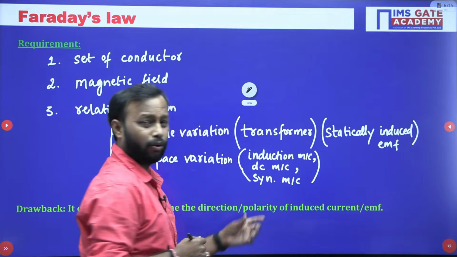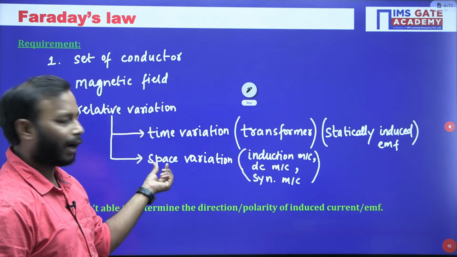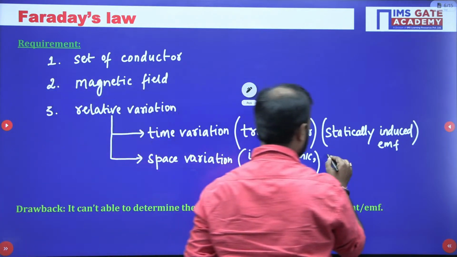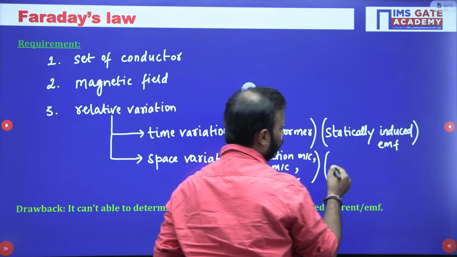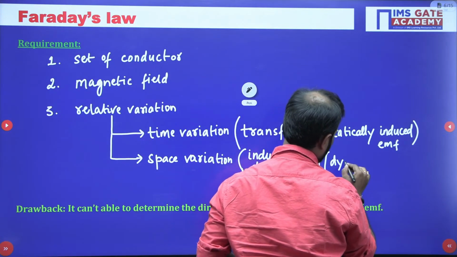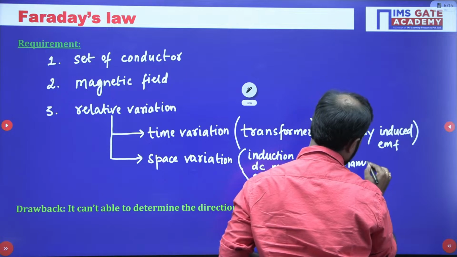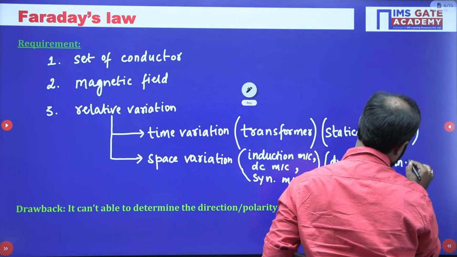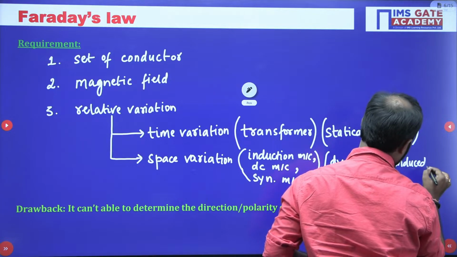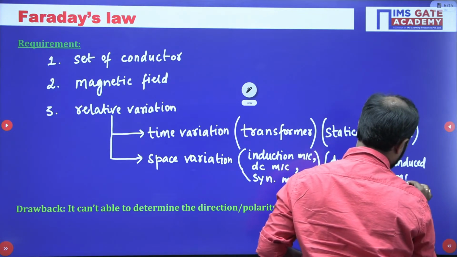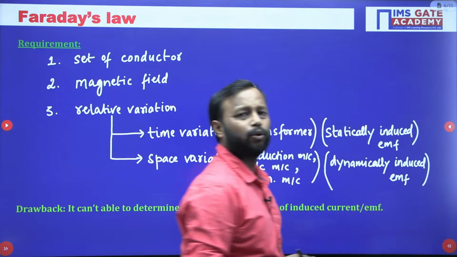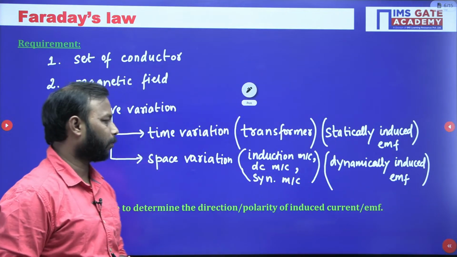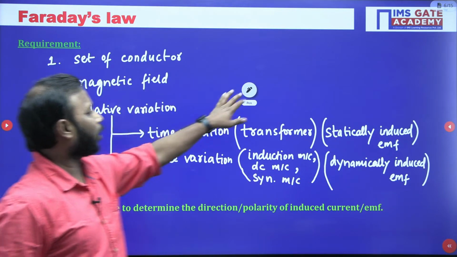In these you are going to have such kind of space variation. And what EMF is going to be induced? Dynamically induced EMF or motional EMF or rotational EMF. ठीक है, so this is what the requirement is.